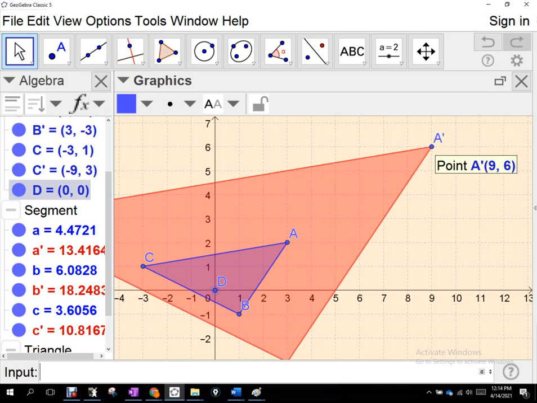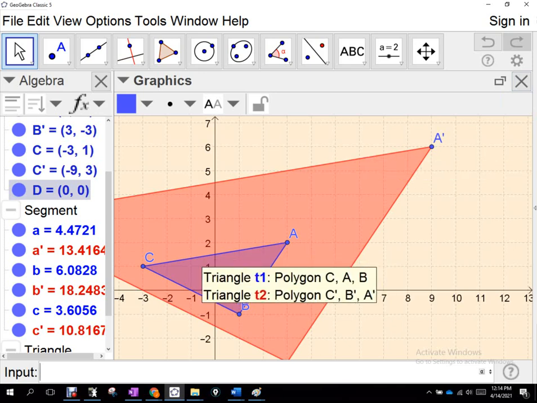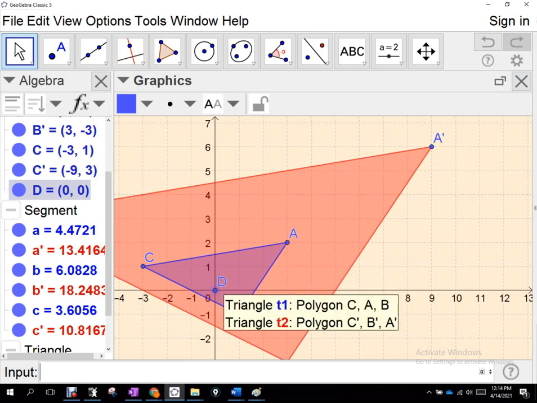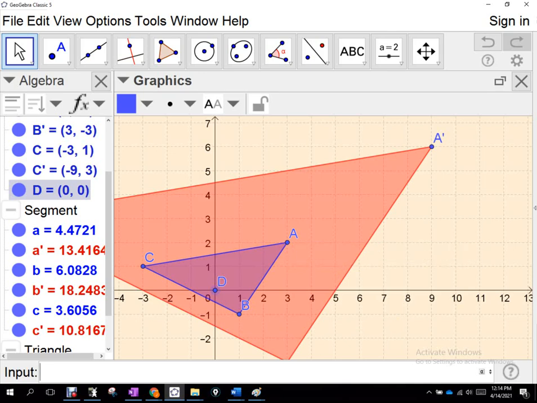So those 3 movements of right 3, up 2, that 3 is the scale factor. If my scale factor was 4, I'd go 1 more right 3 and up 2, and put A prime there. So it shows how we end up enlarging that point to that one.